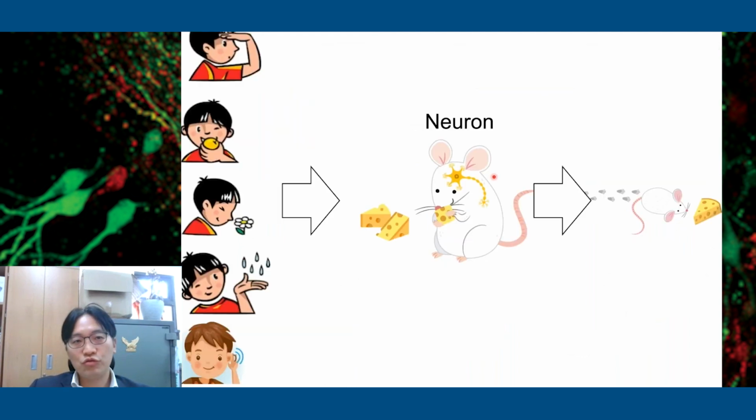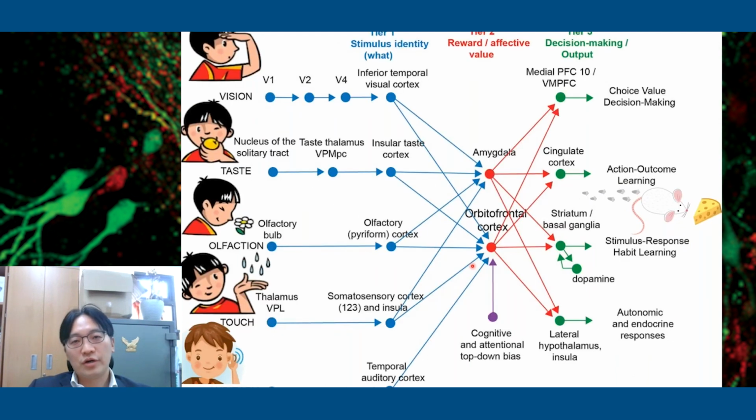And as I told you, you think about what would be your hypothesis. If you choose a certain neuron, like in visual cortex, you have to think, oh, it's gonna be something to do with the stimulus identity.